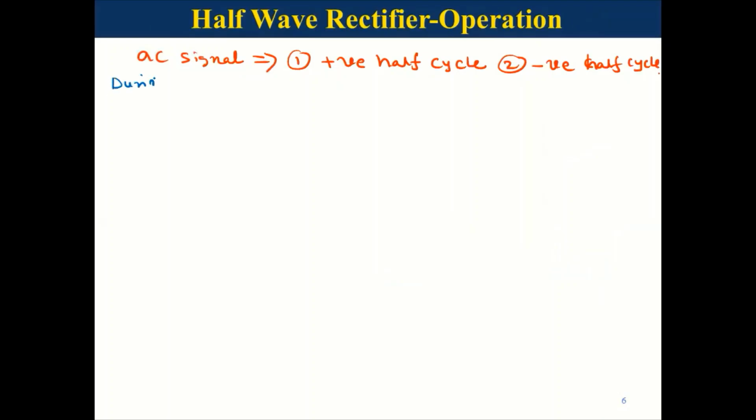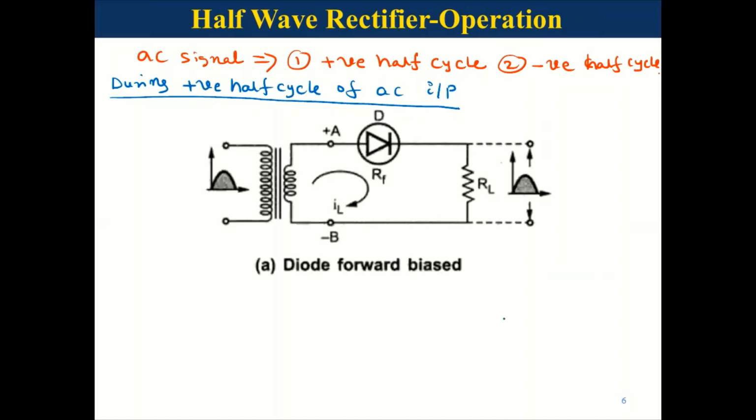During the positive half cycle of the AC input, the upper terminal A is positive with respect to the lower terminal. I am considering only the positive half cycle of the input.